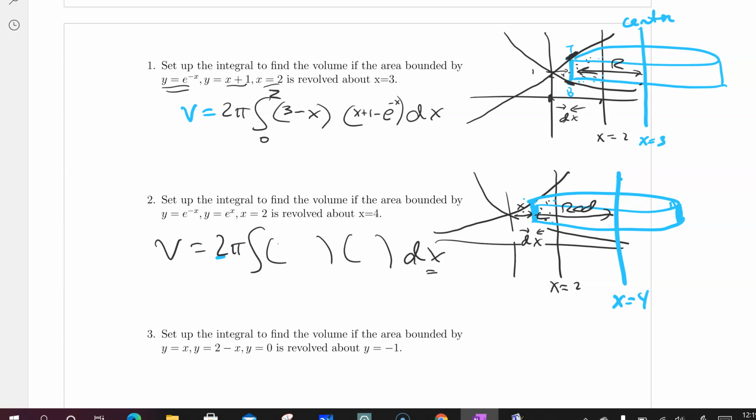So my radius will be go all the way out to the distance of 4 and take away x. The height of my rectangle will be here, so go up to the top function, which is e to the x, and subtract off the bottom function, which is e to the negative x. And where am I building these rectangles from and to? From 0 to 2 on the x-axis.